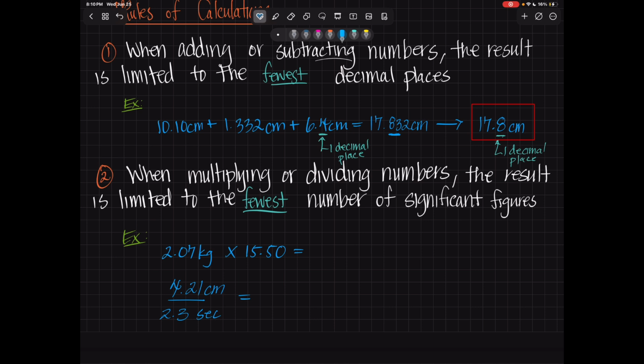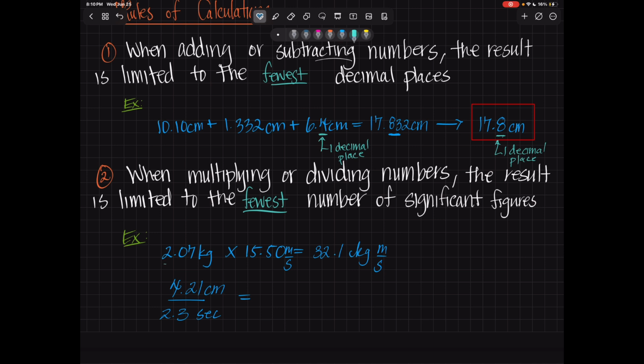If you were to do this calculation, you'll get 32.1 kilograms. Sorry, this is supposed to be kilogram meters per second. So now, after you calculate it, let's see about significant figures.